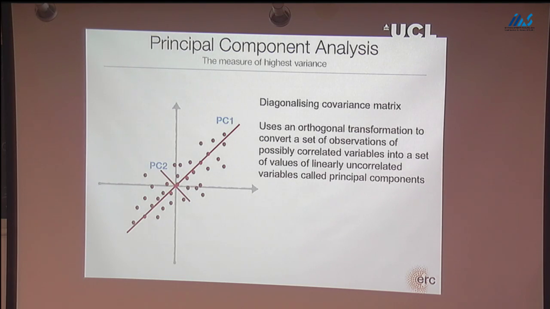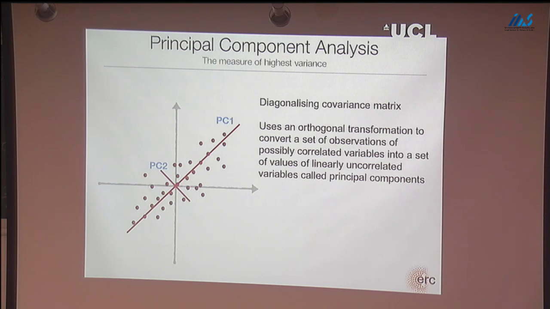One is principal component analysis, and you probably know this technique already. Basically the idea here is that you want to measure the highest variance, so what you're trying to do is to use an orthogonal transformation and a basis that separates your observation into principal components.